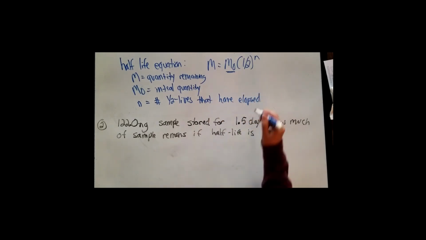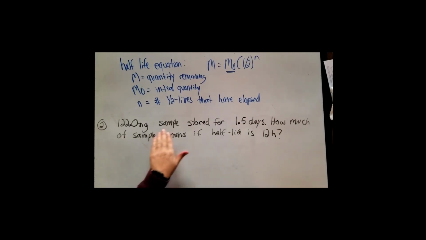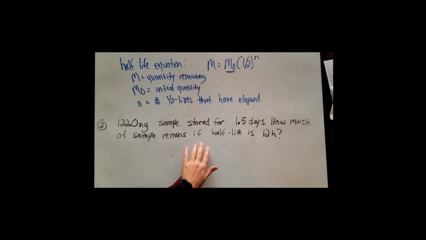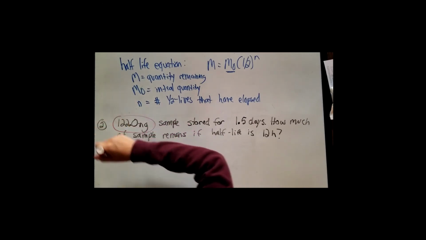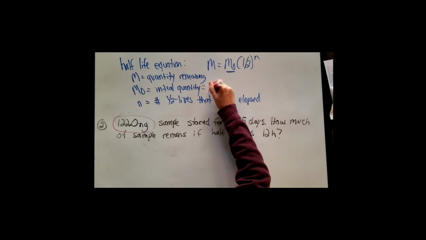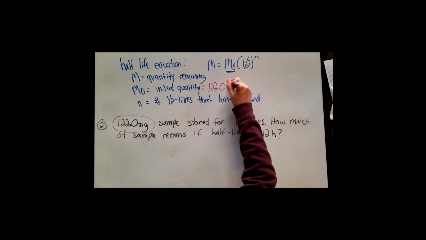So we're going to use this to solve this word problem. A 122 nanogram sample stored for 1.5 days. How much of the sample remains if the half-life is 12 hours? Well, this first piece of information is my initial quantity. That's what I'm starting with.